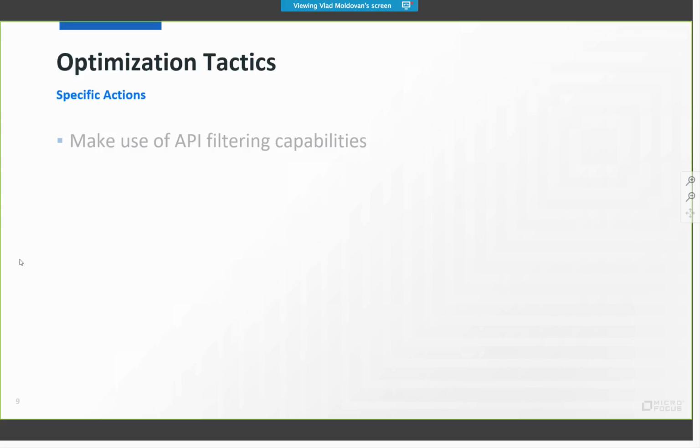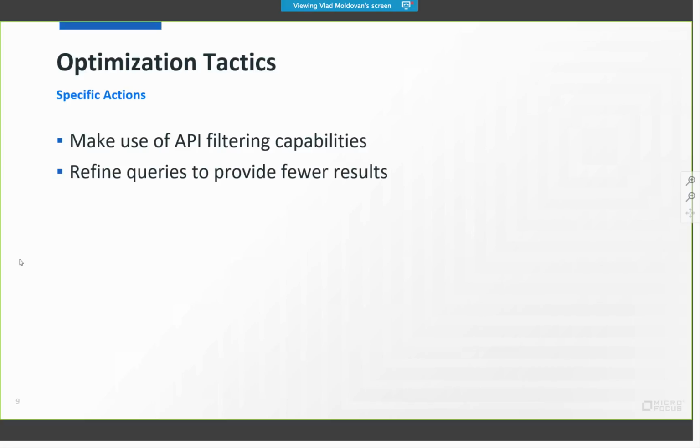Now, speaking specifically on the topic of the generators of large variables, when we're talking about API or SQL queries, most web applications provide some filtering capabilities on the API.